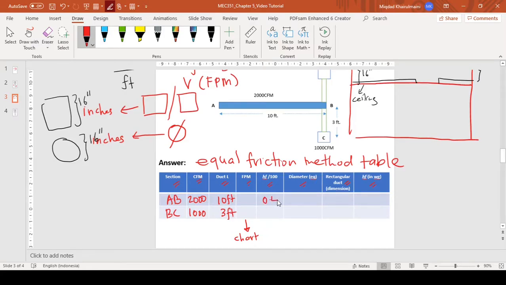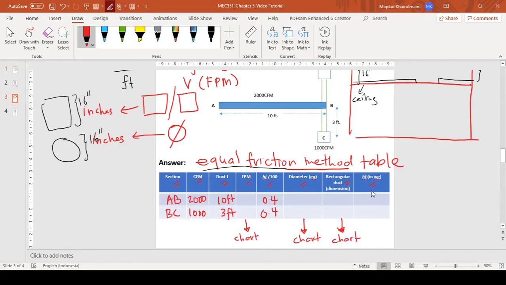Since the method is called equal friction, for BC also the value for HF over 100 is 0.4. Equal friction method. For diameter, we will read from the chart, and for the rectangular ducting also, we will read from the chart.